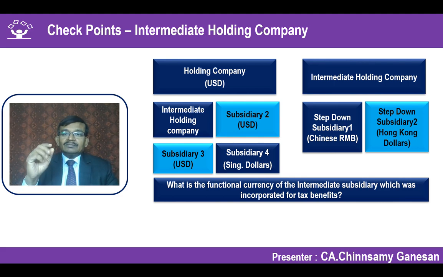It will have a substantial degree of autonomy, and to that extent it will have Singapore dollar as a functional currency, because the major economic environment in which it operates is Singapore dollar. But in this case, the fact says the intermediate subsidiary has been incorporated only for tax benefit, because if you are setting up the step down subsidiary which makes huge profits, the taxability, assuming that in India, is much higher.